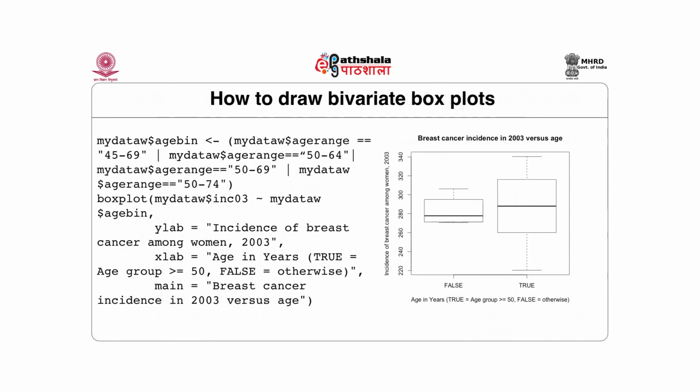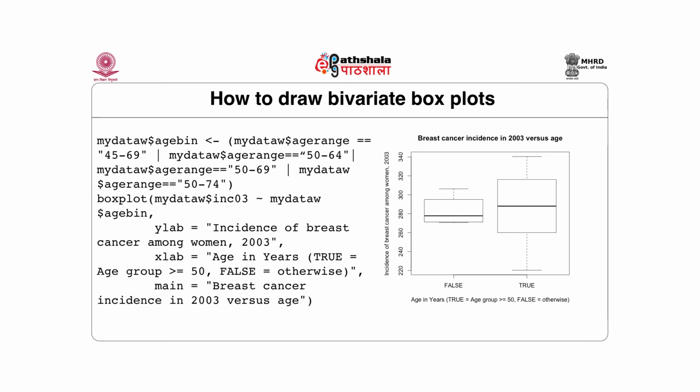Next, we're going to see how we can draw bivariate box plots. It is very useful if you know how to draw a univariate box plot. In a univariate box plot, you can just issue a box plot command and it's going to draw one.